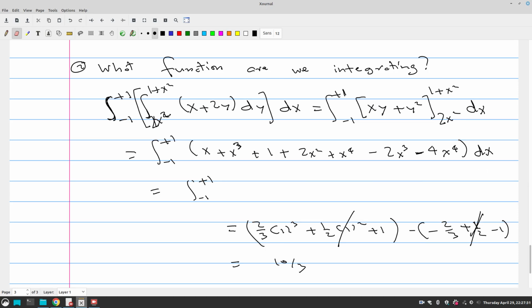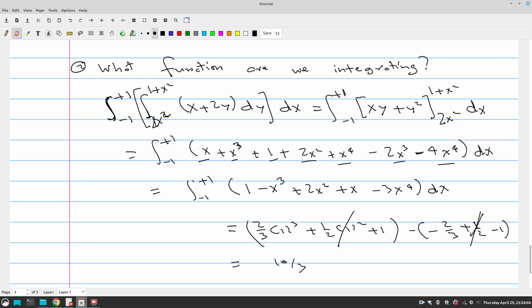Because this step would give you x cubed minus twice x cubed will be minus x cubed. Of course the x squared plus twice x squared, and you have an x here and you have a negative thrice x to the power 4 dx.